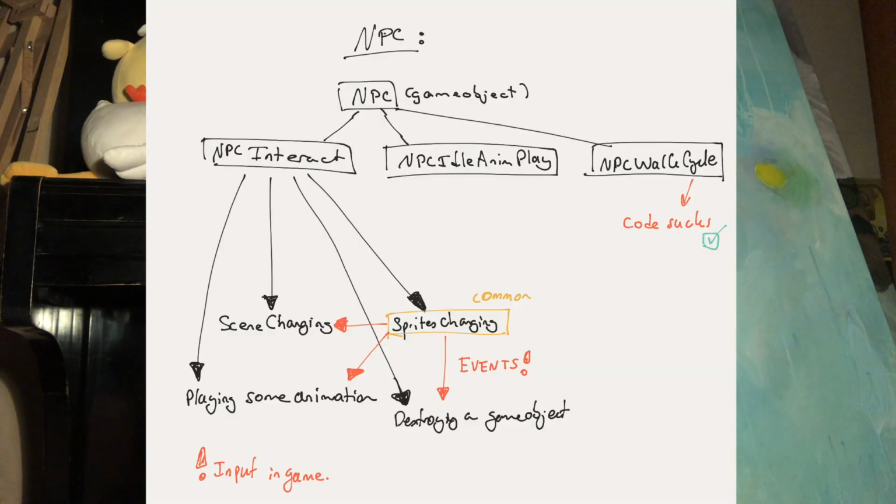So back to the NPC script, because I noticed that every single NPC has this one thing in common, which is they all check for whether the E button is going to be pressed or not, and they all have a resting and active sprite state for when you enter their trigger and when you exit it.